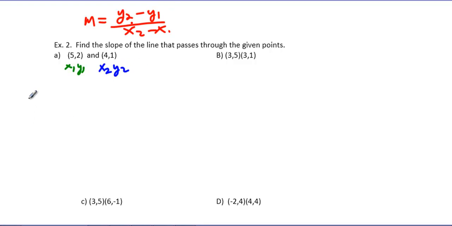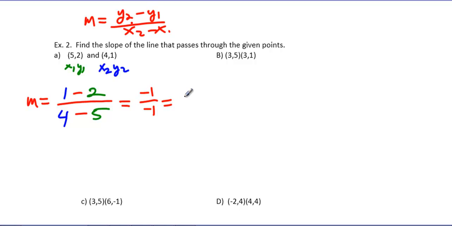So in my formula, m equals y2, which is 1, minus y1, which is 2, over x2, which is 4, minus x1, which is 5. Okay, and then we would simplify top and bottom. So 1 minus 2 is negative 1. Also a negative 1 on the bottom, and that becomes positive 1.